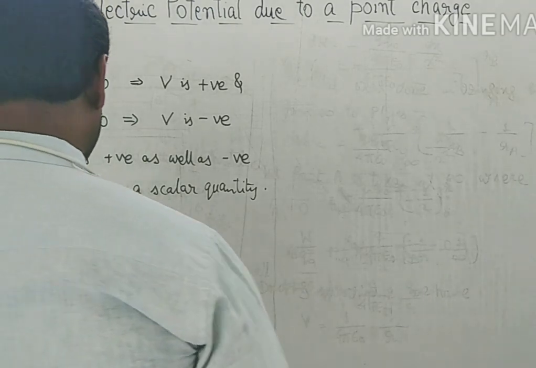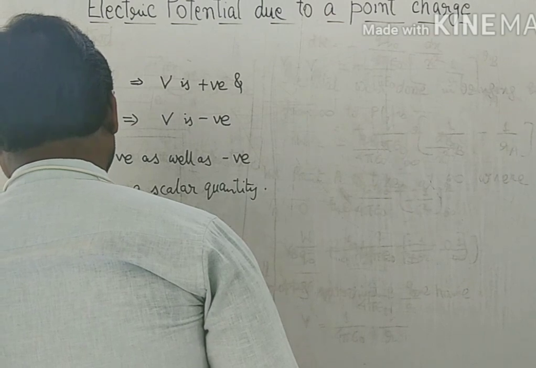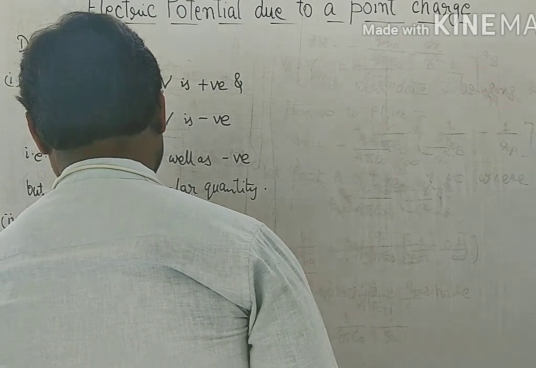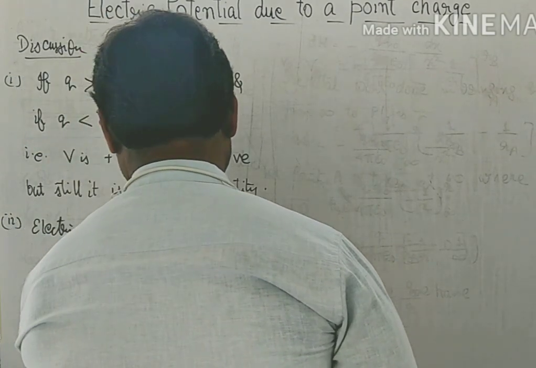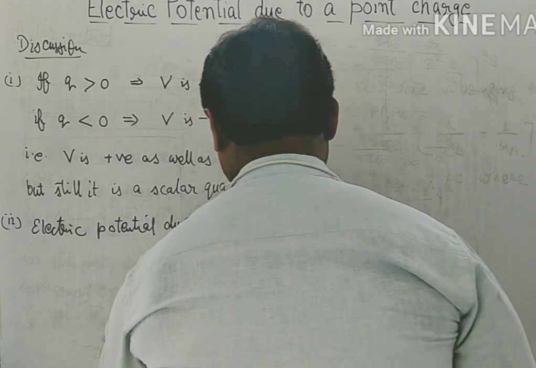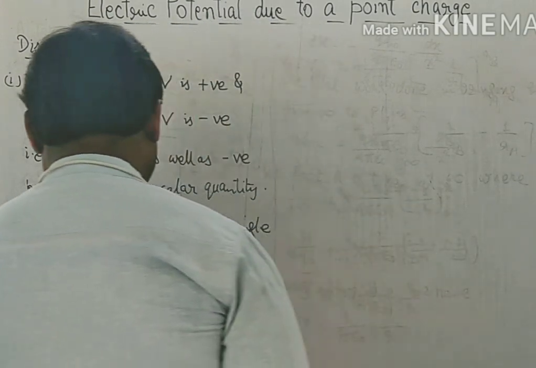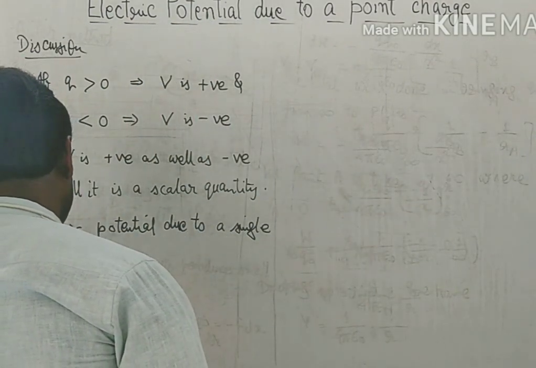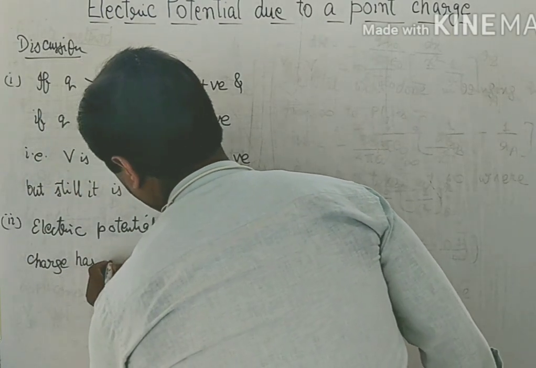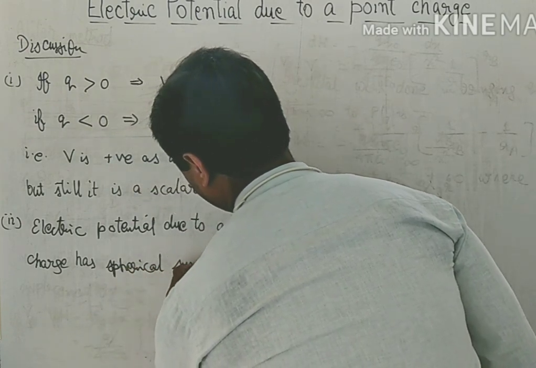So here we can write that electric potential due to a single positive point charge has spherical symmetry.